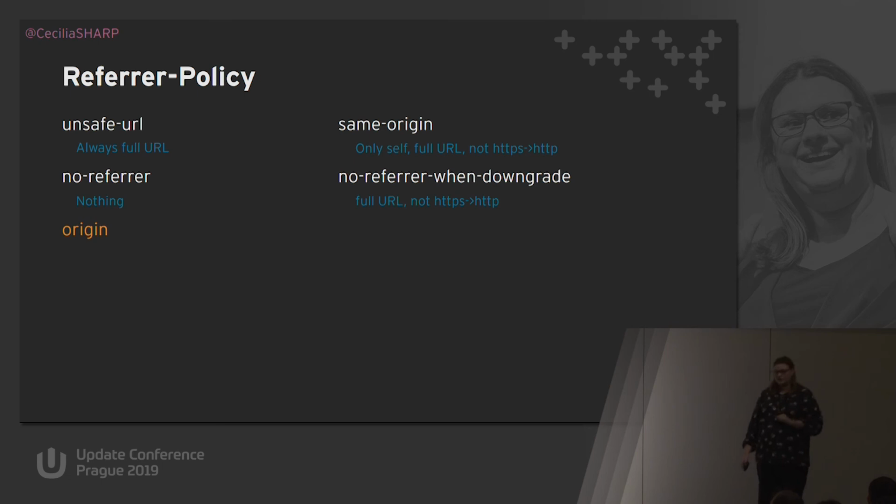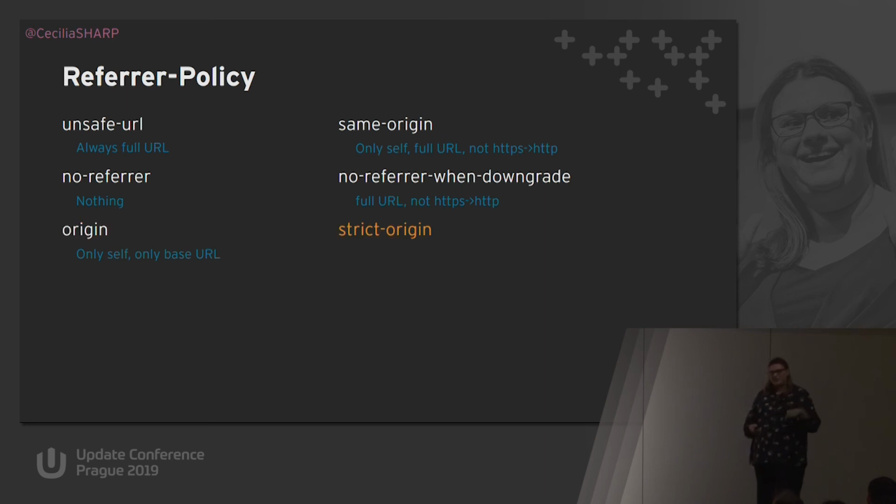We have origin, and that only sends the base URL, both internally within your same origin, the same domain, and to others. So if you have mysite.com/order/123, it's only going to send mysite.com.